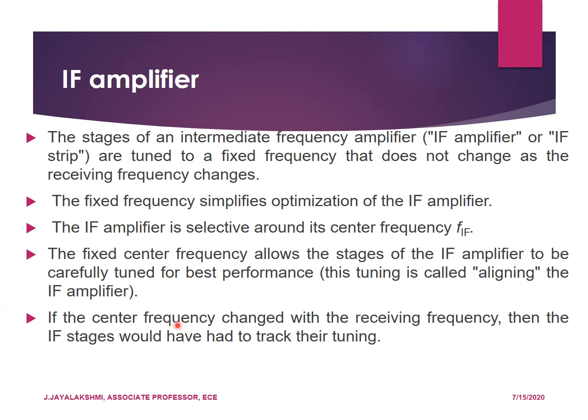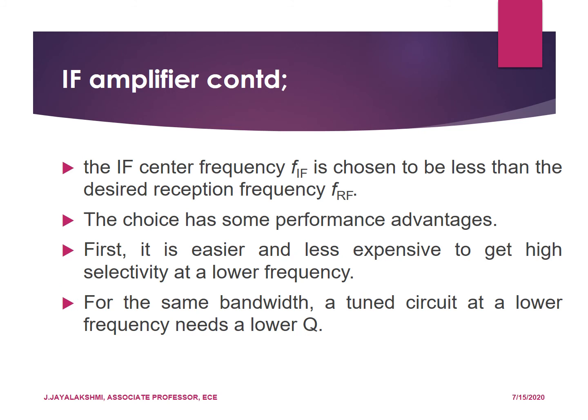If the center frequency changed with the receiving frequency, then the IF stages would have had to track their tuning. For tracking, we are going to have the feedback path, so that you have your automatic gain control done through the feedback.